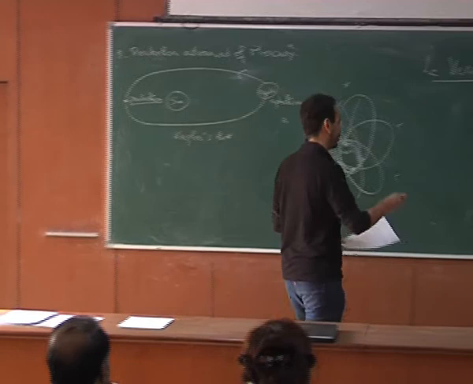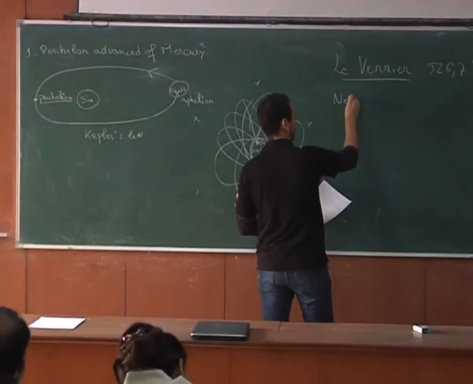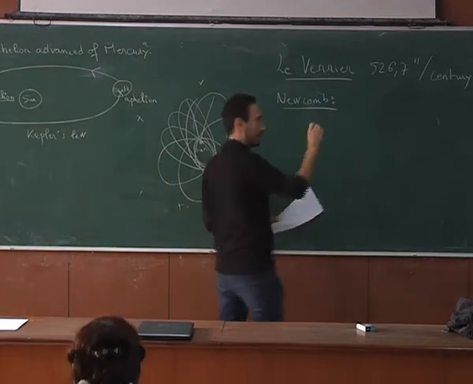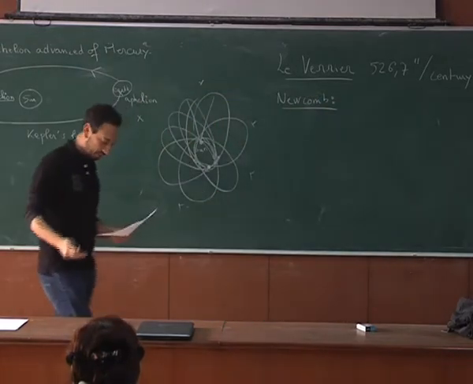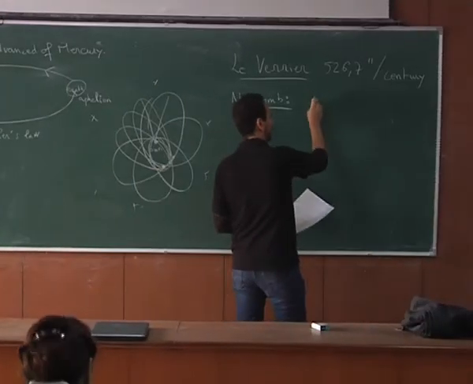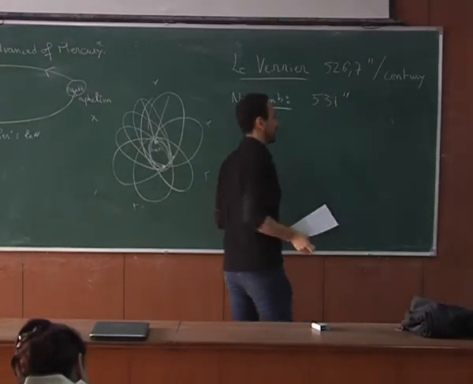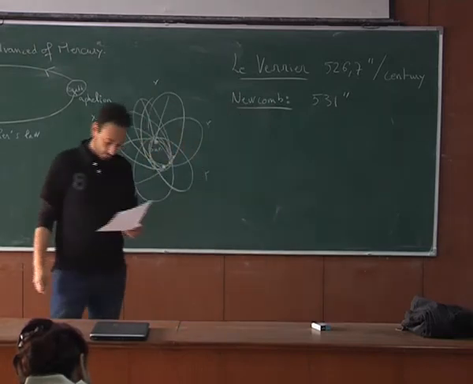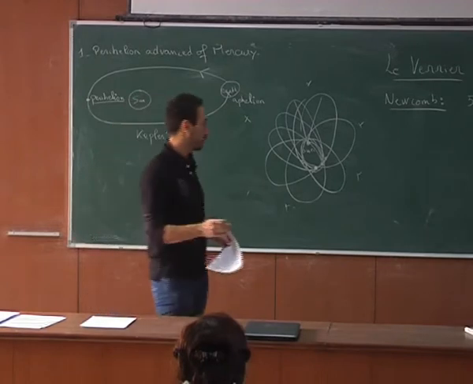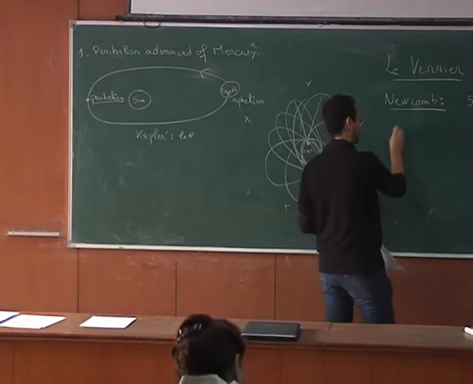There is another person just after, Newcomb, who tried to be a bit more precise on the perturbations. He went a bit further, and he found that it's 531 seconds of arc. So it was a bit more precise. The only problem is that what you observe is not that.